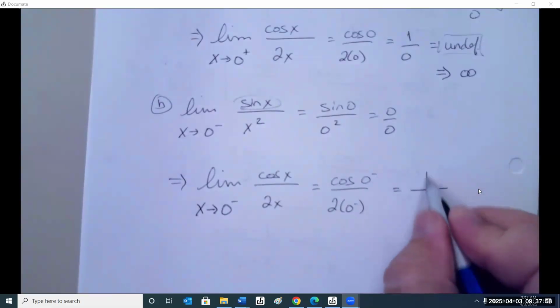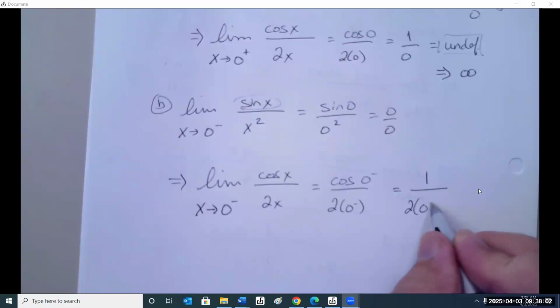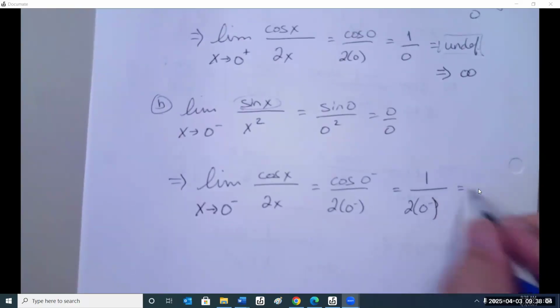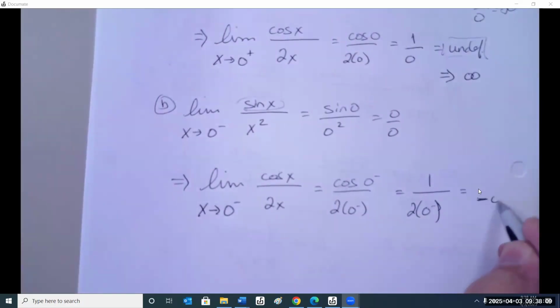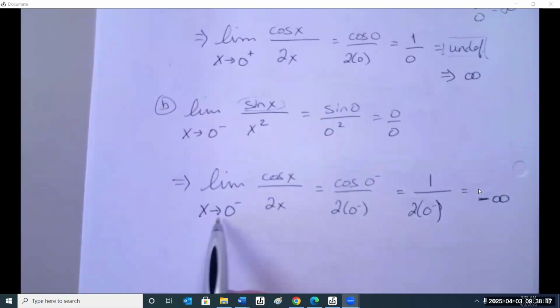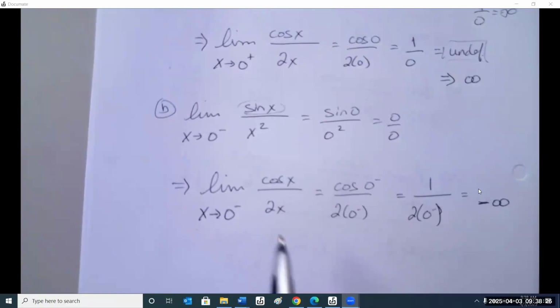Cosine of 0 is 1. So how about this one? What does that equal? Negative infinity. Why is it negative infinity? Because all my x values that I'm plugging in here are negative values. So as I plug in negative values inside here, it goes to negative infinity.